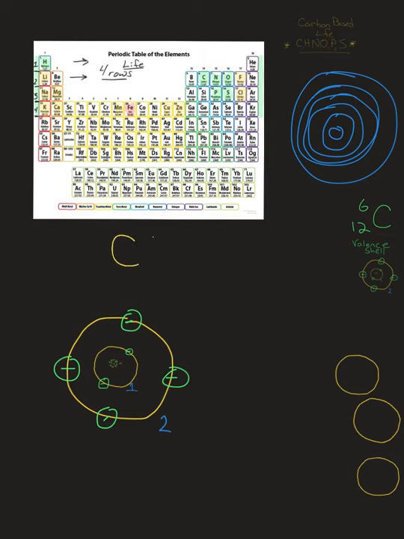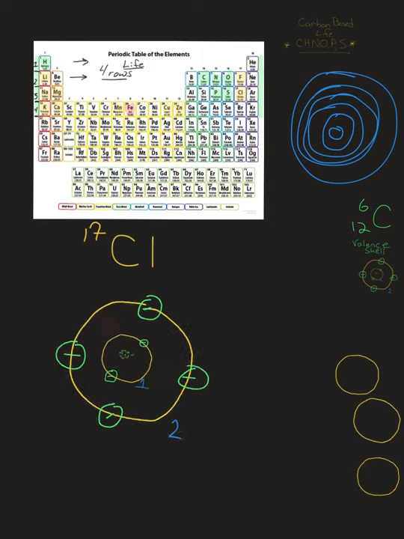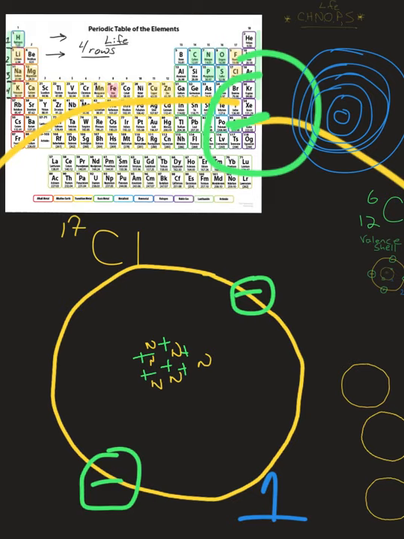So if I look at chlorine, I expect 17. I always put this little dash in the 7 to distinguish it from the number 1, so don't get confused. This is a 7. So I expect to see 17 electrons around the atom, and 17 protons here. Here we have 6, because we drew carbon.